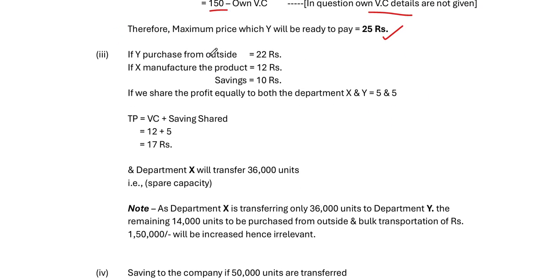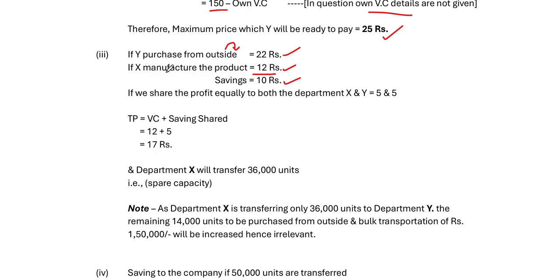Now if Y purchases from the outside market, cost will be 22 rupees. If X manufactures the product on its own, variable cost is 12 rupees. So overall profit is 10 rupees. That means overall savings is 10 rupees, because if they purchase from the outside market, cost will be 22 rupees.